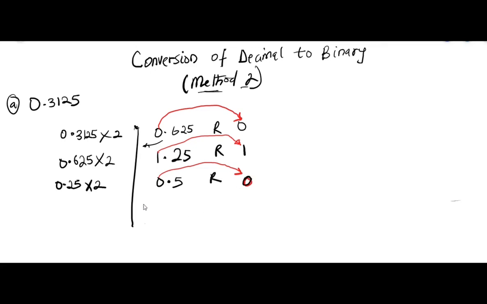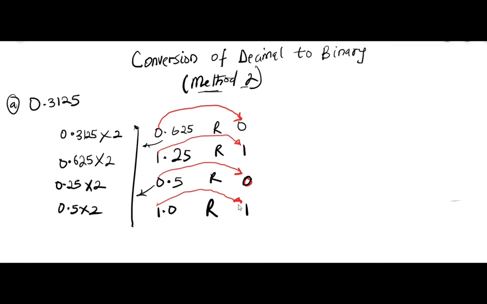So the next thing is we take 0.5 times 2, and we are having 1.0. Okay, and the remainder here is 1 because this one just becomes the remainder. Okay, so we cannot multiply again because here we are going to have 0.0.